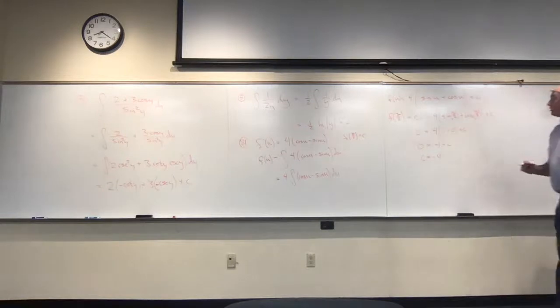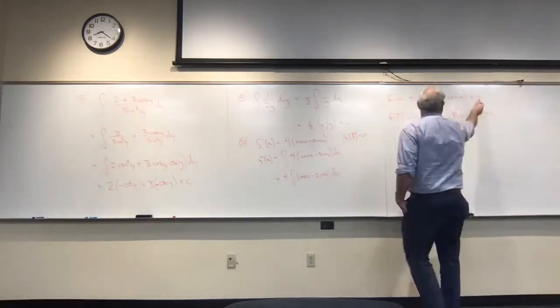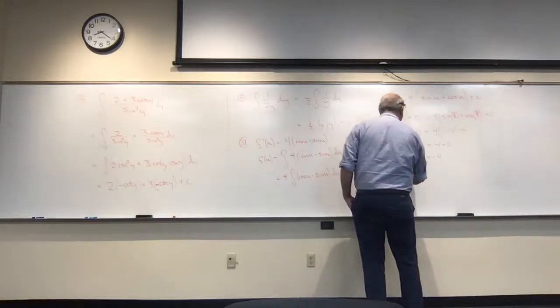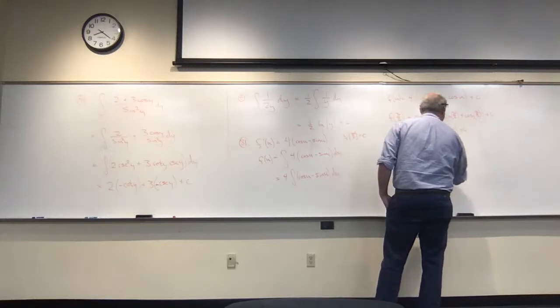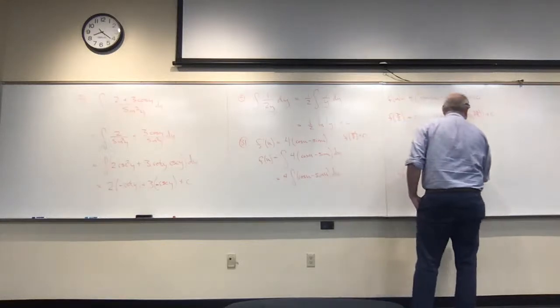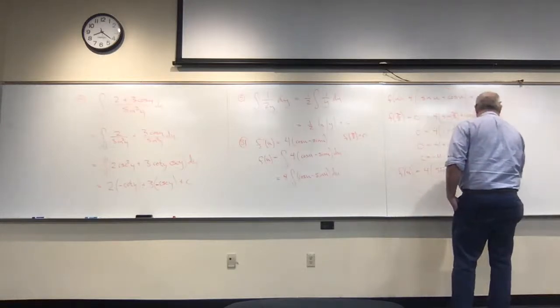And now I can write my function. It's up here, I just need to replace c with minus 4. So I have f of u is 4 times sine u plus cosine u minus 4.